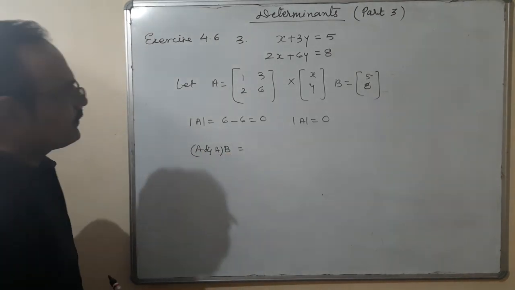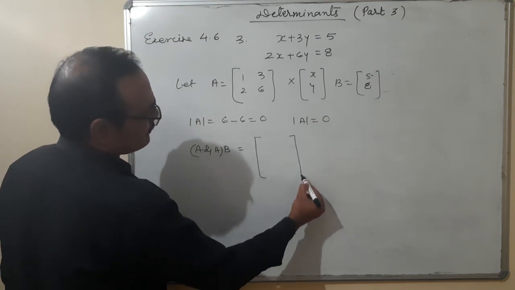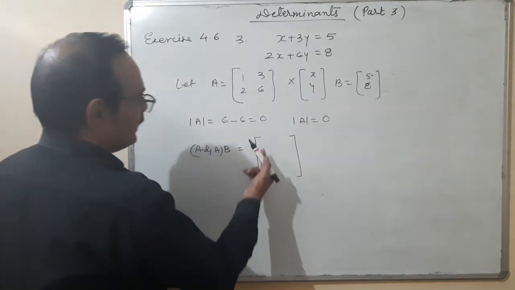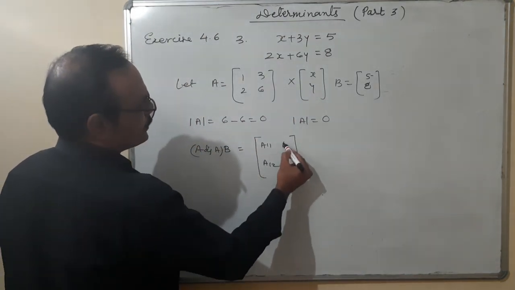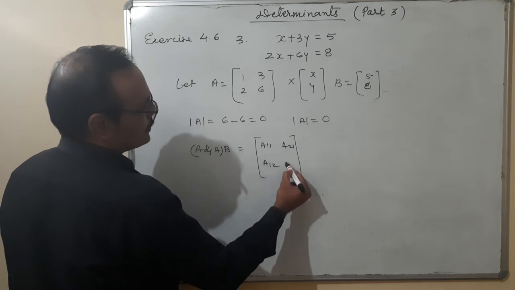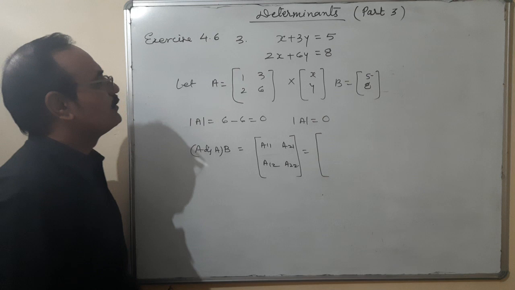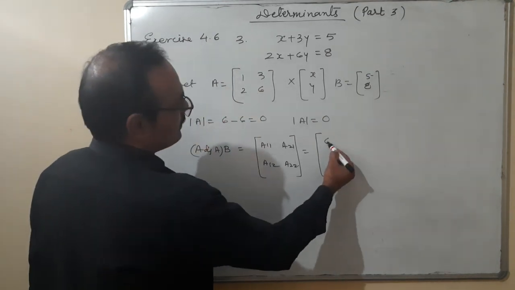Adjoint of A. How to find the adjoint of A? Let me remind you. Adjoint is the transpose of all the cofactors: A11, A12, A21 and A22. For 1 1, leaving first row and first column, it is 6.